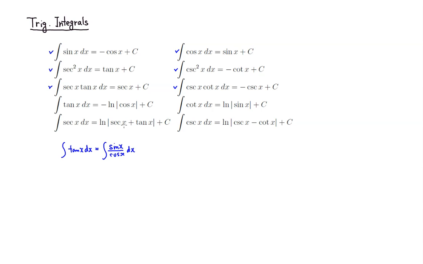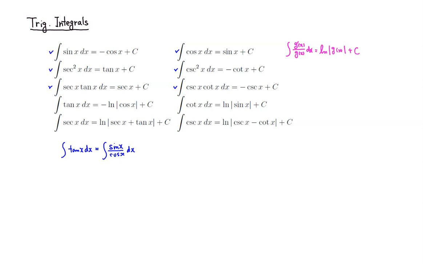Then we can use this trick again. Remember that if you're taking the antiderivative of g prime of x over g of x, then this is going to be natural log of the absolute value of g of x plus some constant c.